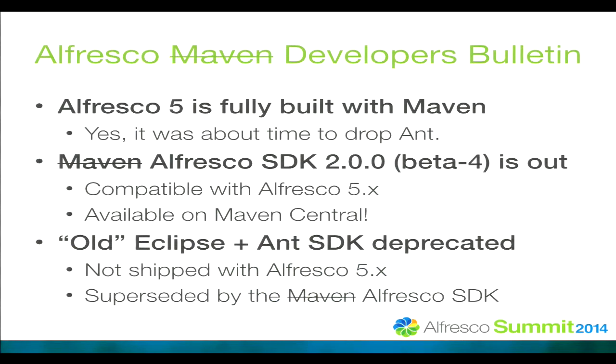So, again, before going in the SDK, a couple of points on what's going on in the Alfresco Maven sphere. Well, first of all, as you might know, thanks to that guy down there on the left, our release manager, Samuel, we are now fully building Alfresco with Maven. And again, this is not a purely technology thing.